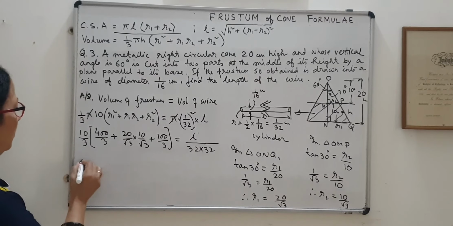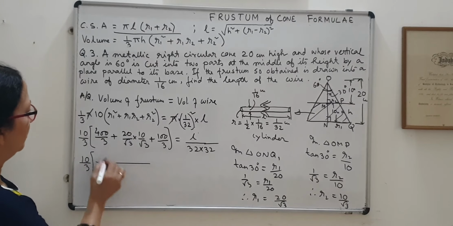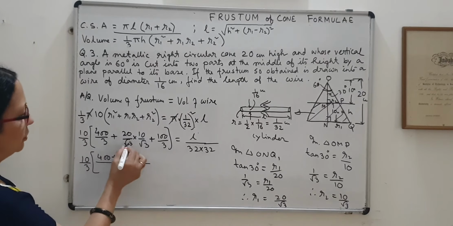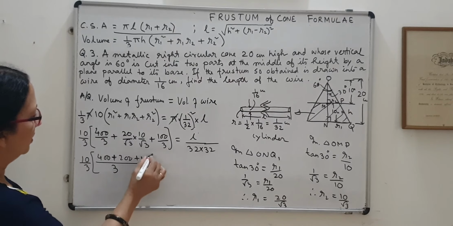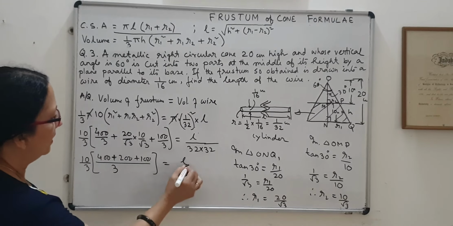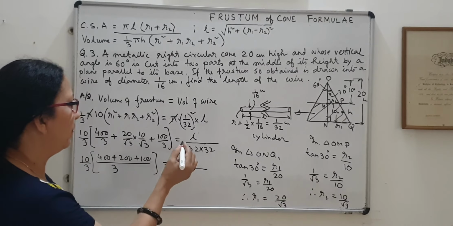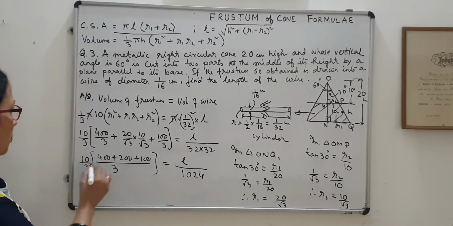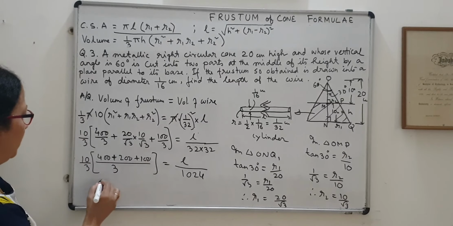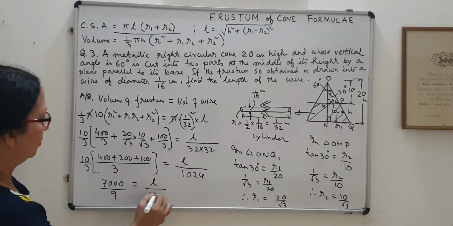So what I am getting now: 10 by 3, and if I take LCM 3, it is 400 plus 200 plus 100, since root 3 into root 3 is 3. L by 32 square, 32 is 2 to the power 5, so it should be 1024. So now it is 700, so 7000 by 9 is L by 1024.